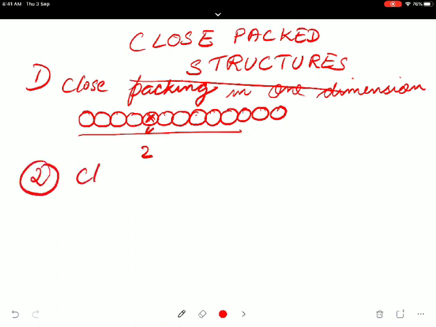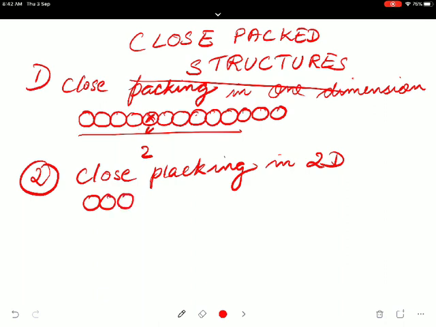Second, close packing in two dimensions. For 2D, if I place the above row touching each other, this may be one type of packing in 2D.